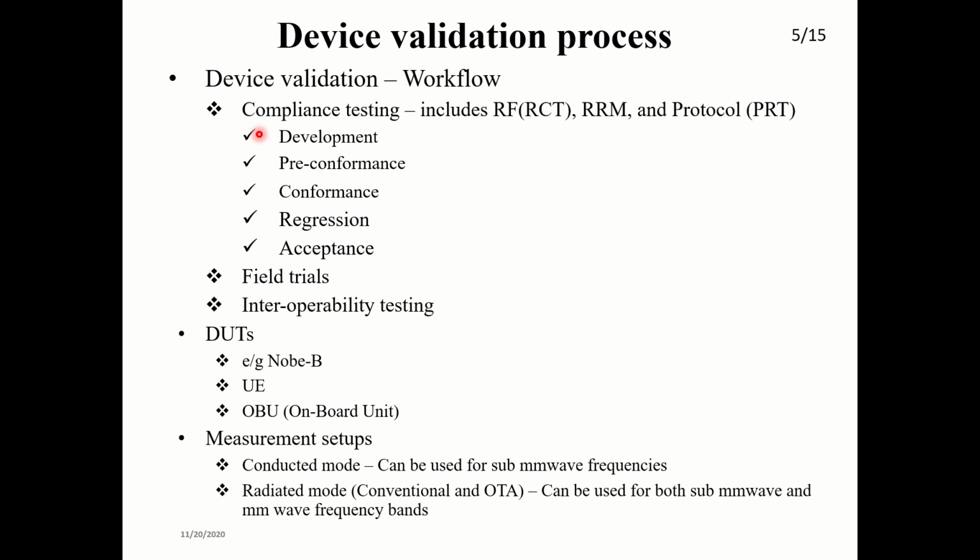But now what is happening? They have automated systems. You just mount your antenna and run the software on the control PC, and you can see the whole radiation pattern in your hand in 5 minutes, or sometimes in 2 minutes, depending upon the resolution you are setting.